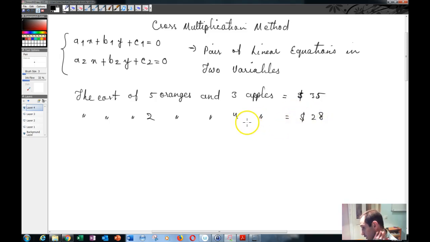Okay, so how would you solve this problem? First, you would have to have two algebraic equations in this form for this kind of situation.